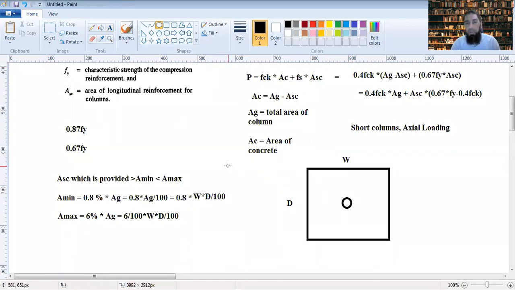Providing it in the center of the column, somewhere here, will not solve the problem because it will not confine the column. You might not have the load acting concentrically most of the time, and plus you have the column behaving such that there is buckling and other things which we discussed already. There is buckling in the column. Now that tends to make one face of the column tension, the other face compression.